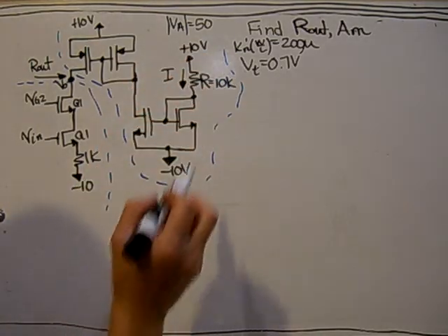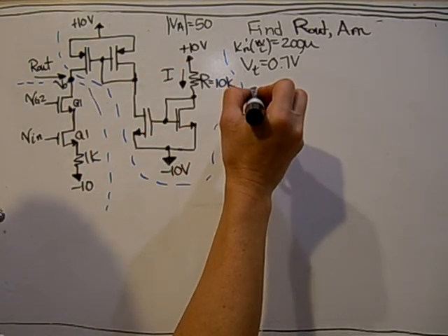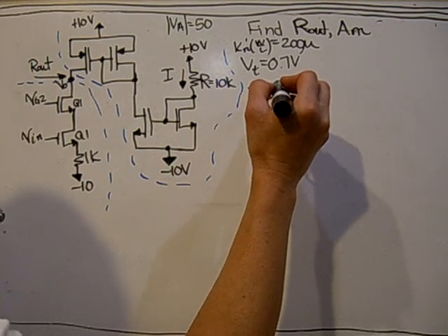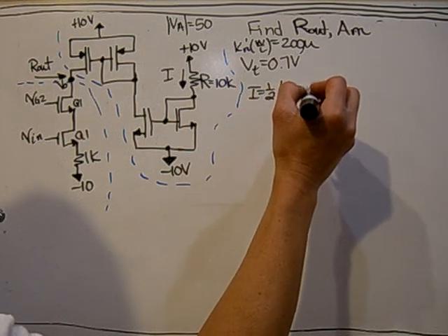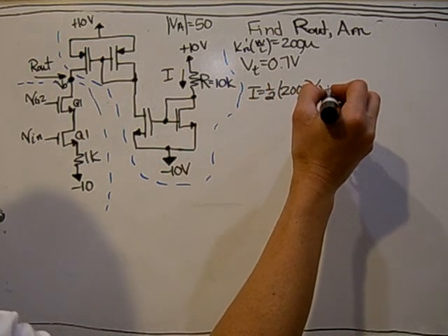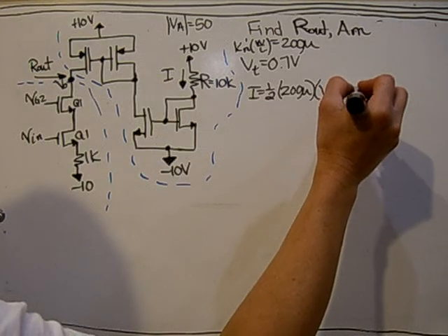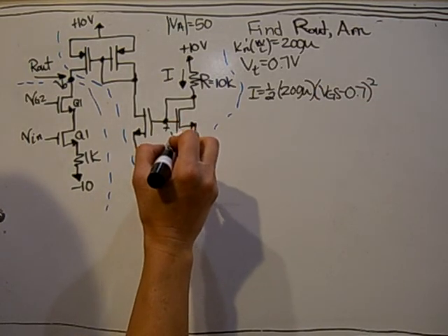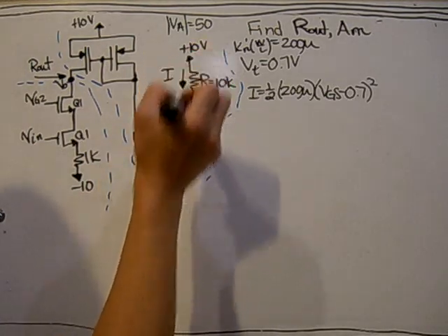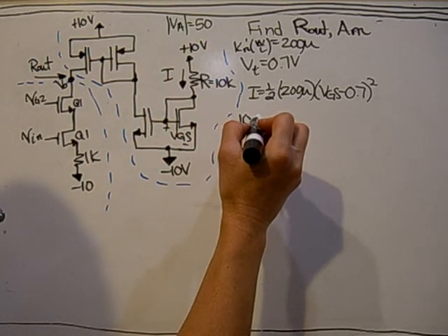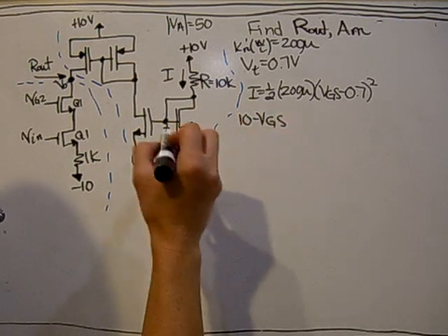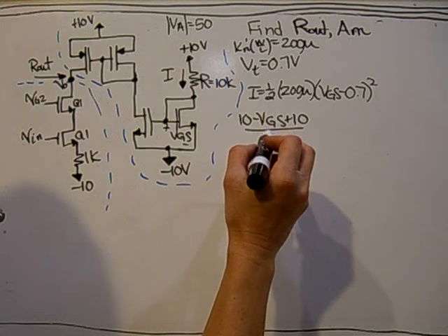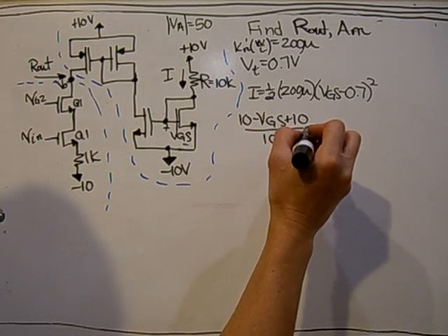So I can be written, because it's a MOSFET, using the ID equation. And VGS is this voltage here. Once I know VGS, I know the drop across it, so it would be 10 minus VGS plus 10, all over 10K, is also the current.